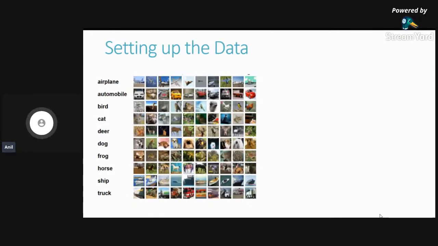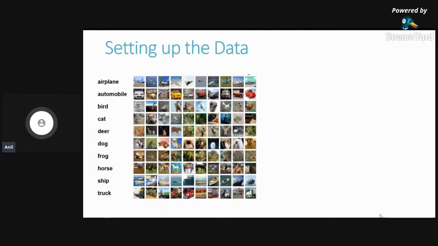Before proceeding with the implementation of the neural network, I would like to give some introduction about the data, like how to set up the data and how to use the data set in neural networks. Data is nothing but a collection of images, or some other kind of data, maybe text, maybe some signal, maybe some other form.